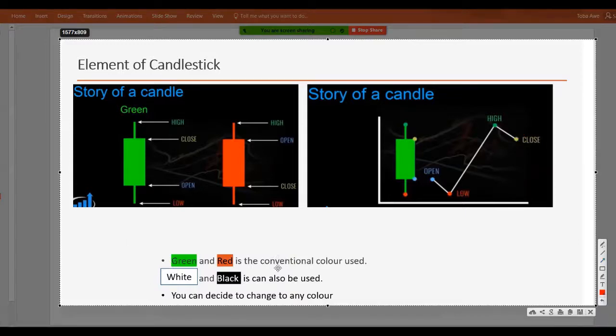Now, green and red are the conventional colors to use for candlesticks. In days past, and even nowadays, people use white and black as well. But you can decide to use any color you prefer. For me, I use other colors other than green and red.